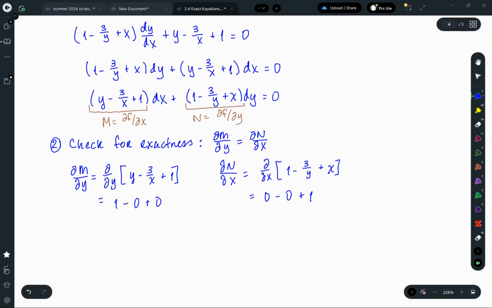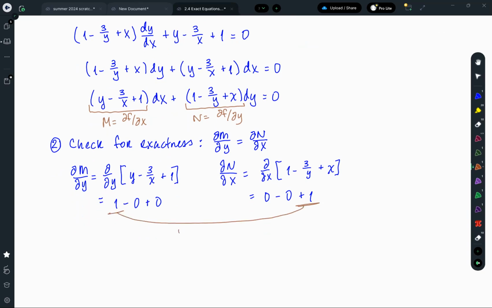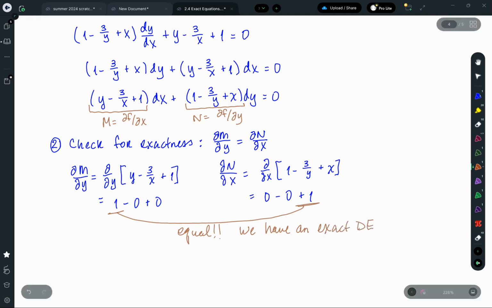So let's just compare these. I get 1 and 1. These are equal. And so we have an exact differential equation, and that means we can solve it.